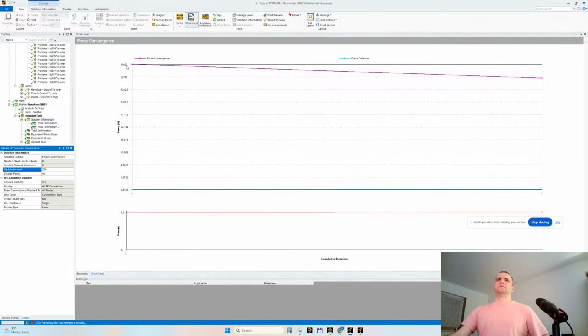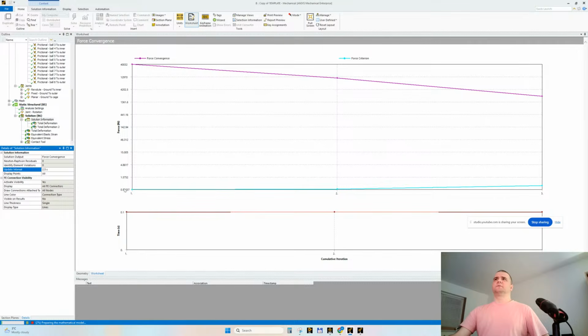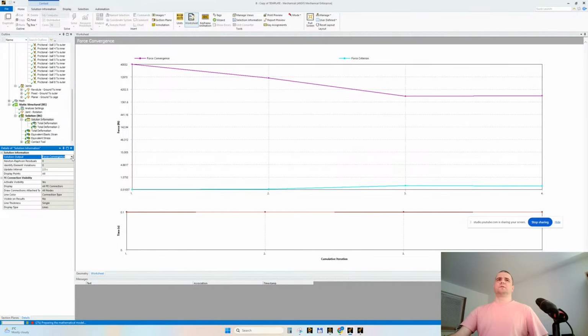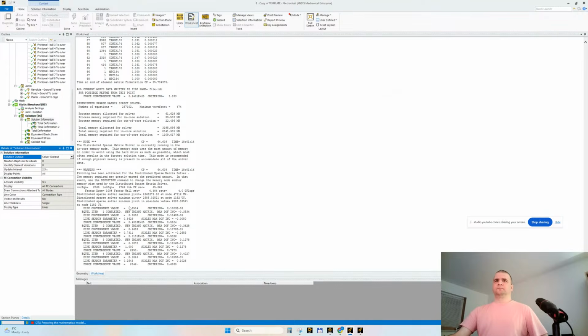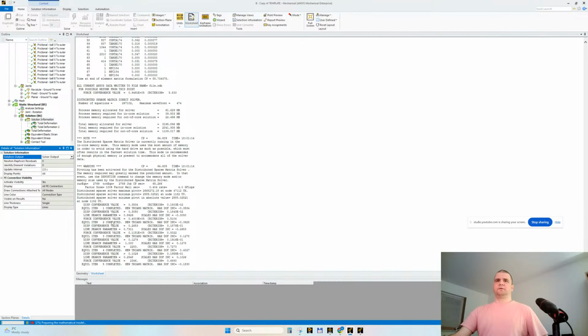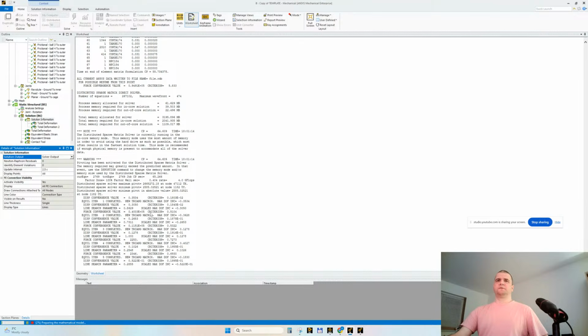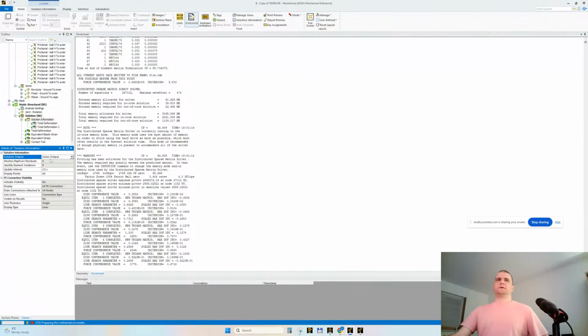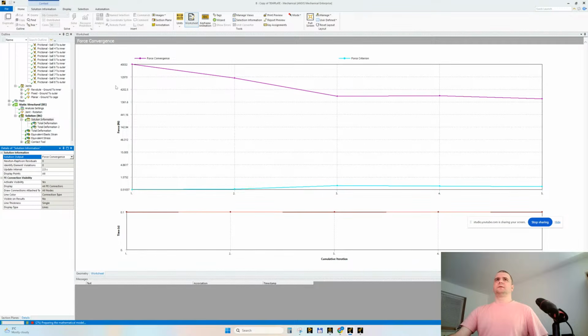When this value, the initial value, is so high compared to this value, then yeah. This is the criterion, which is too small compared to the force convergence value. You can also read all these here. Look here, these two values. When they are so far away, it's not nice.